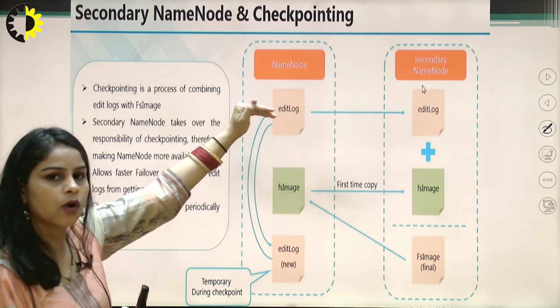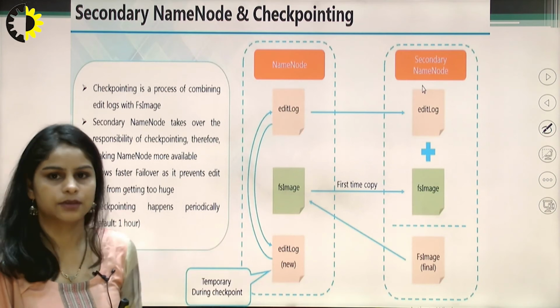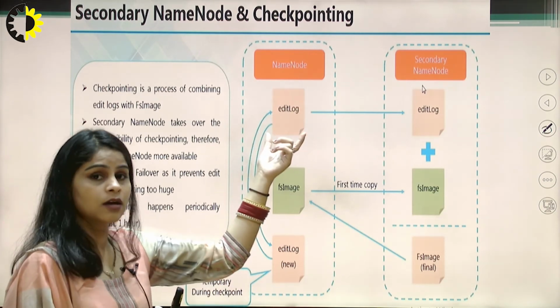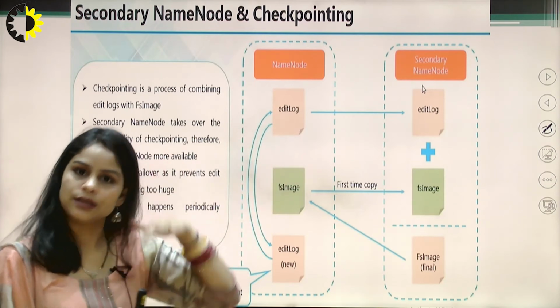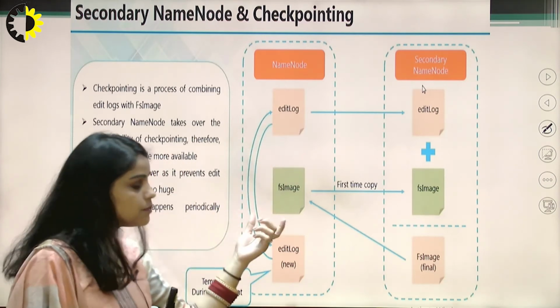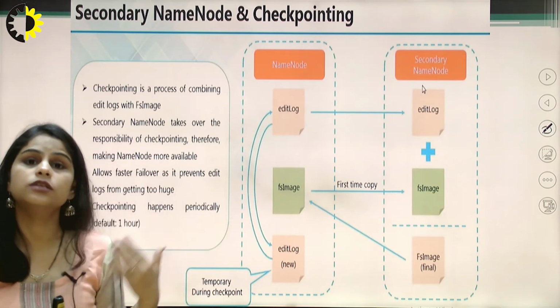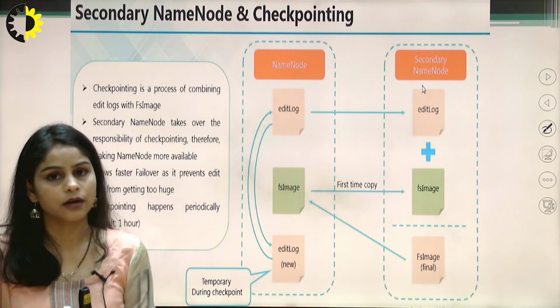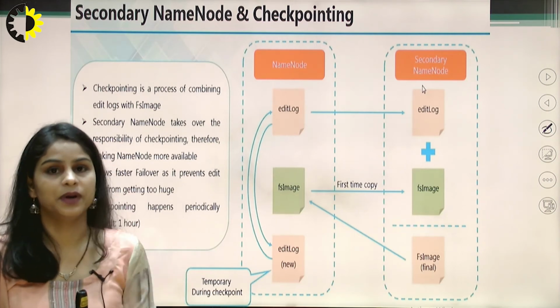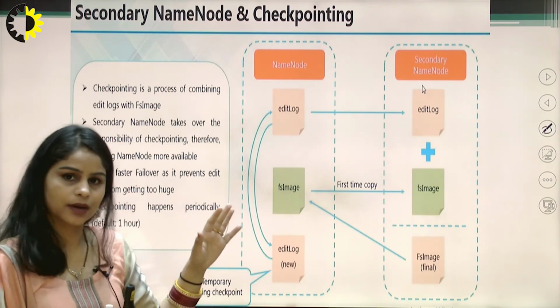One is the edit log, another is the FSImage. The edit log is the one that stores the recent changes, and the FSImage is the one that has the account of all the changes, all the updates that have been done in the name node, right?